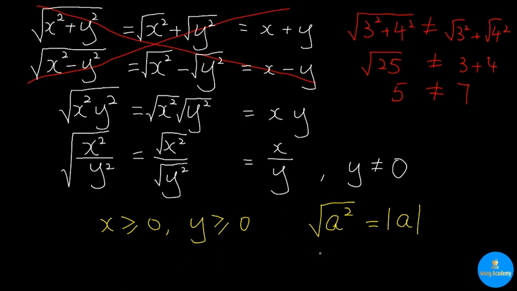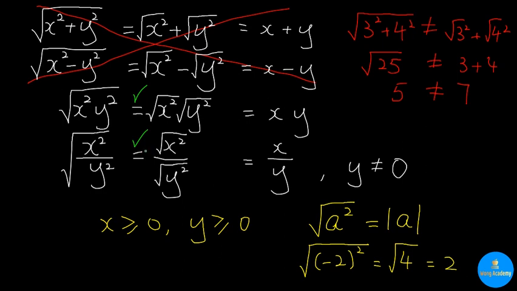For example, if we have negative 2 squared and then take the square root, we will have 4 inside the square root because negative 2 squared is positive, and square root of 4 is positive 2. Therefore, you do not get back negative 2, but the absolute value of negative 2. However, these two equalities are always true.